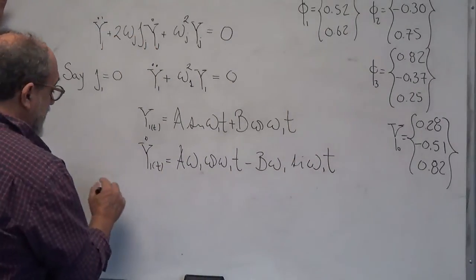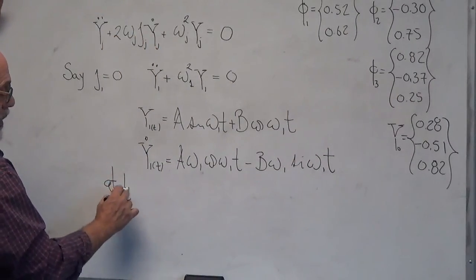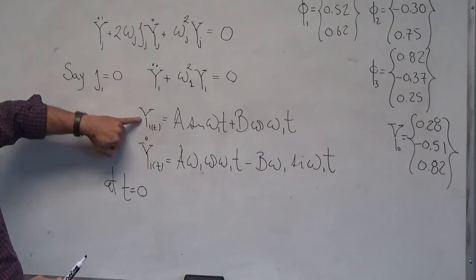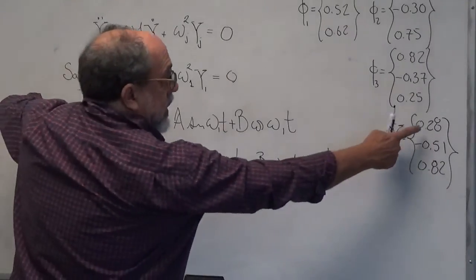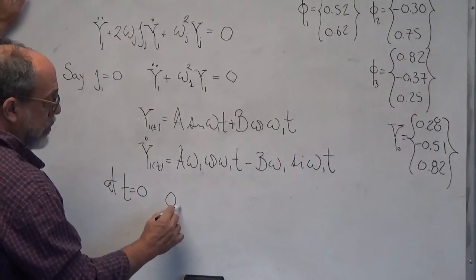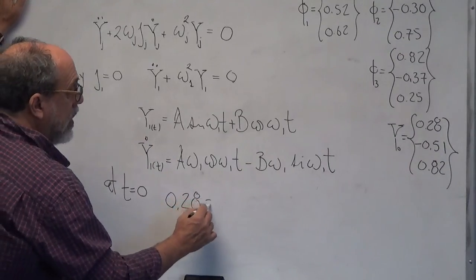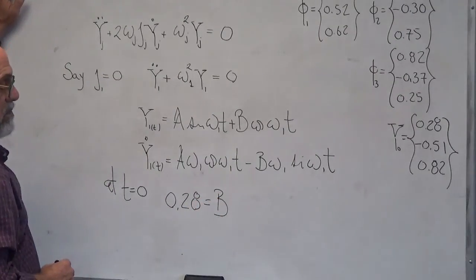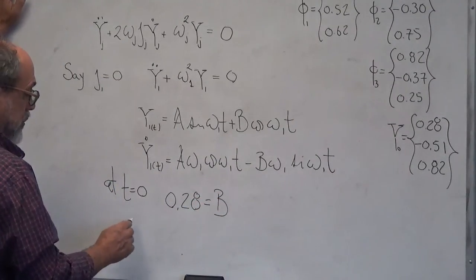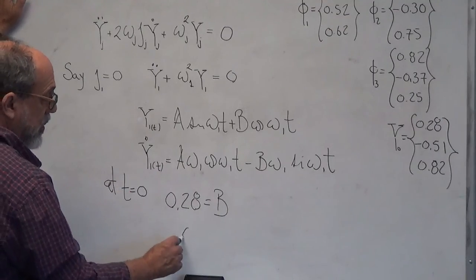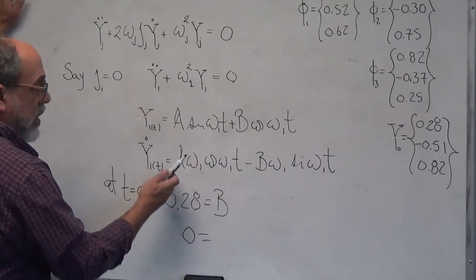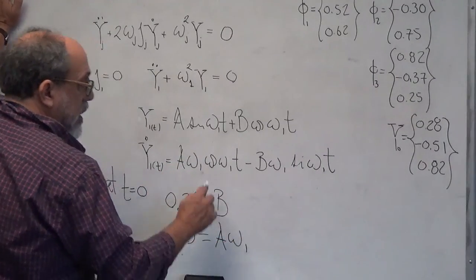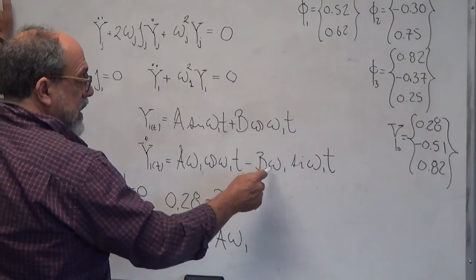Taking time t equal to 0, what is y1? Well, it's equal to 0.28. Therefore, 0.28 is equal to b, since sine of 0 is 0 and cosine of 0 is 1. Now, at t equal to 0, the velocity is 0, so we can also say that 0 is equal to a omega 1 minus 0.